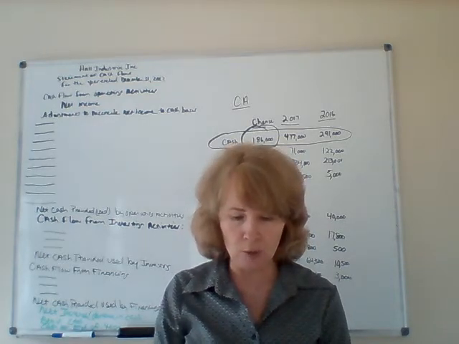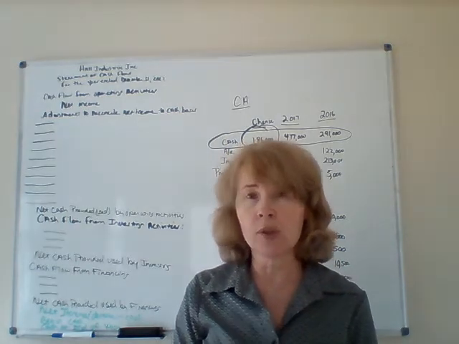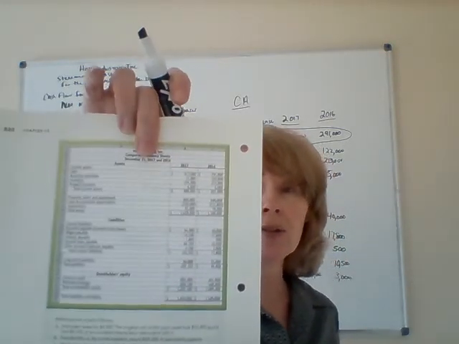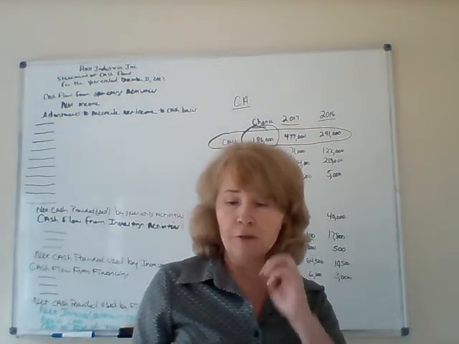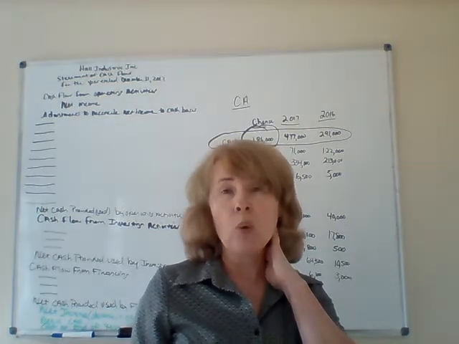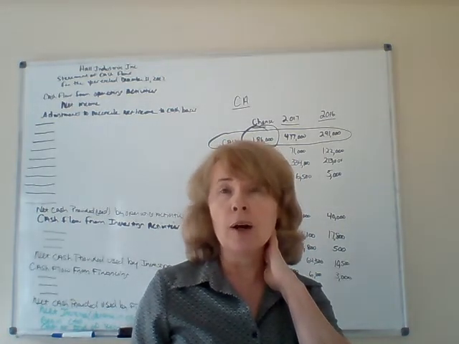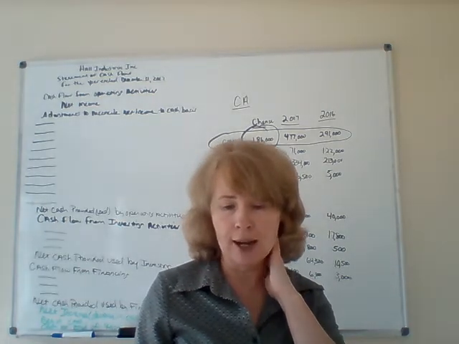All right, so the first thing that we're going to do is use our balance sheet. The balance sheet is giving you the changes from 2016 to 2017. We only care about current assets and current liabilities at this point in time.